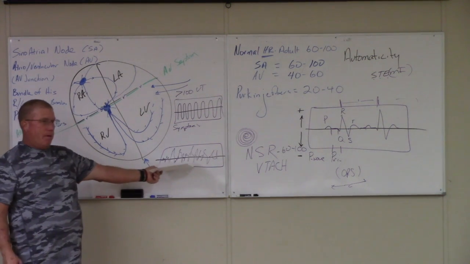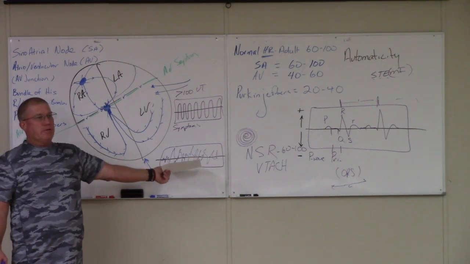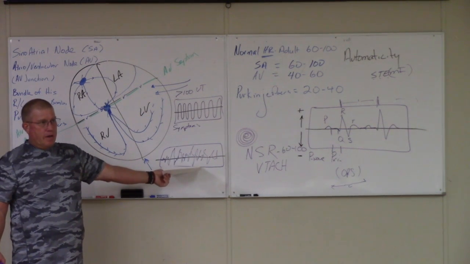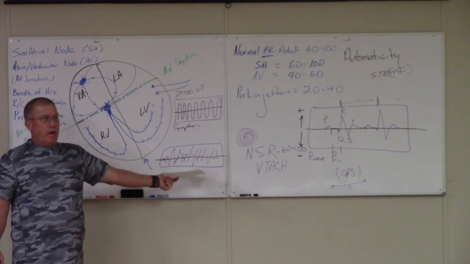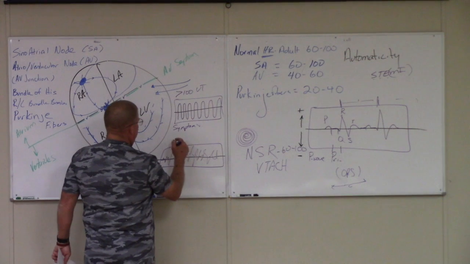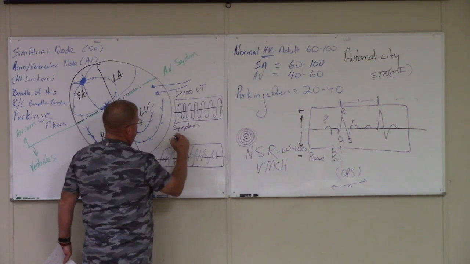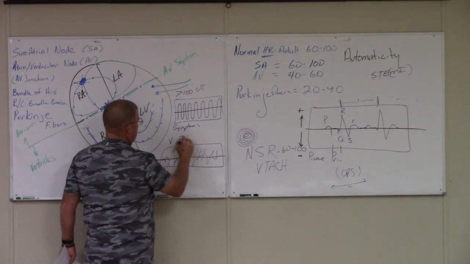How much blood is that pumping? I've never seen a conscious person in that right there, okay? Not moving any blood, the brain don't get any blood, it goes unconscious real quick, okay? This is called ventricular fibrillation. V-fib.